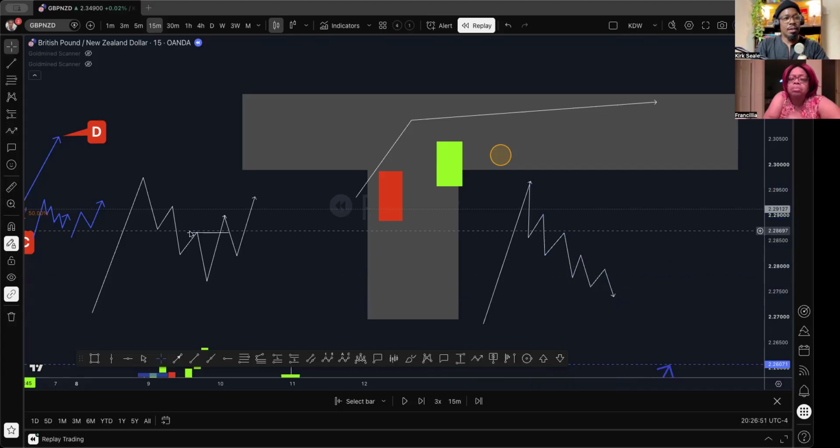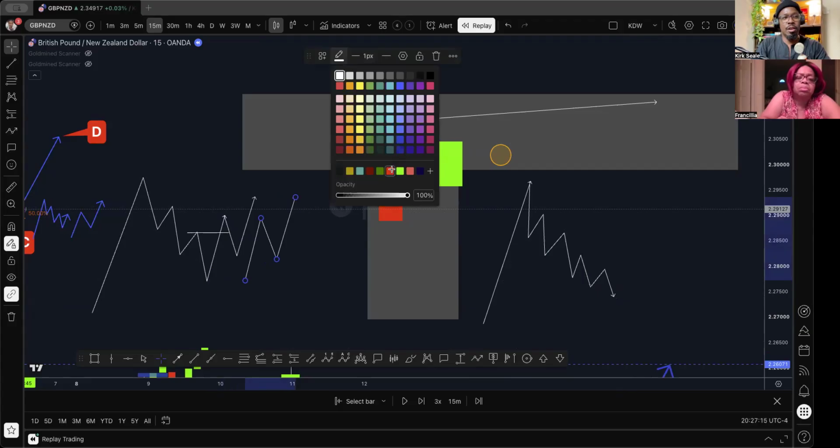When it commits to the turn, now you get that higher high. Now that higher high tells you, guess what we just got? We got that pattern that I told you exists everywhere and repeats itself all the time.